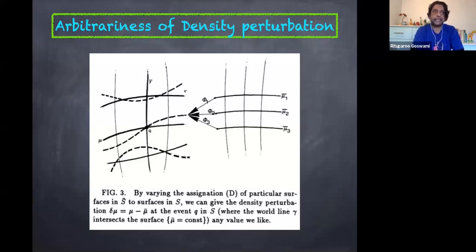And then what Bardeen showed was that we can always find a specific proper time for the point Q such that when the point evolves, the delta mu, or the change in energy density, remains zero as we go further in time.